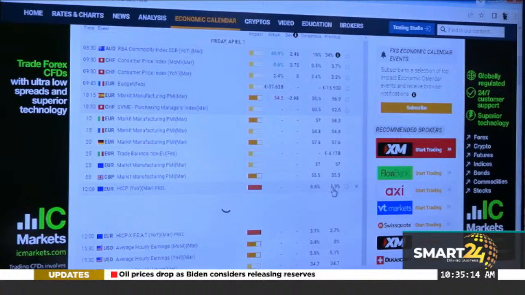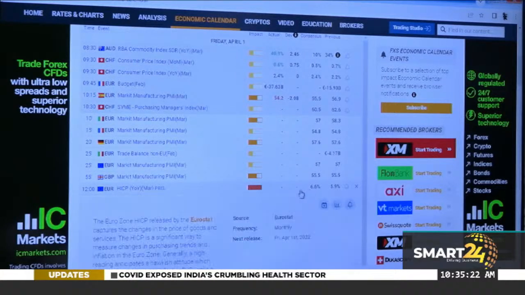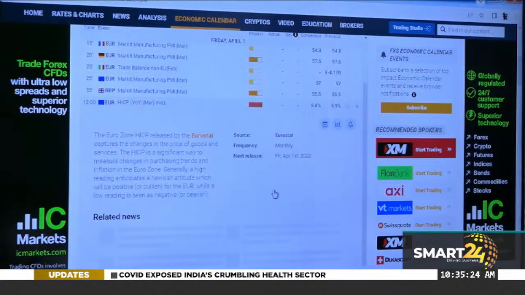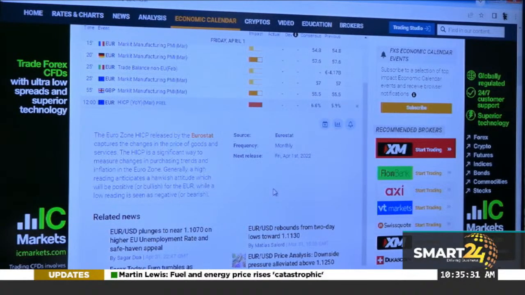Previous figure there is 5.9%. The consensus is 6.6%. So this one here is probably going to be good for the euro. Yeah, if the reading is high, if you have a higher reading, then it's positive for the euro. If it's low, it is bad for the euro.